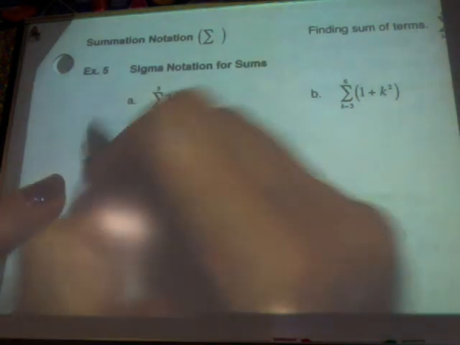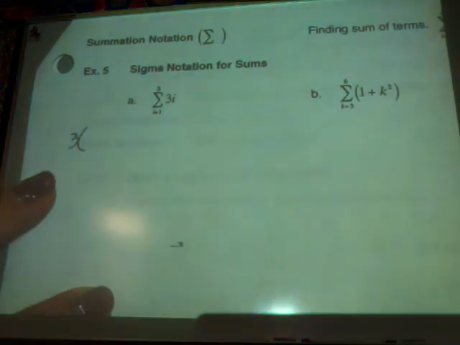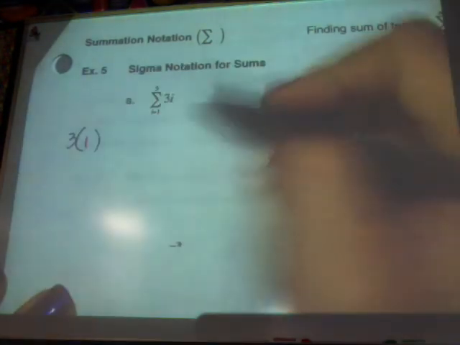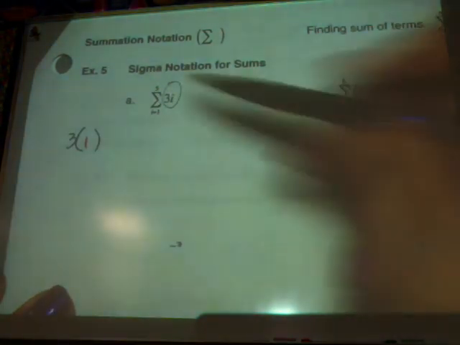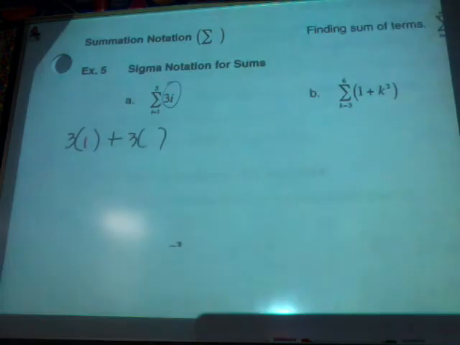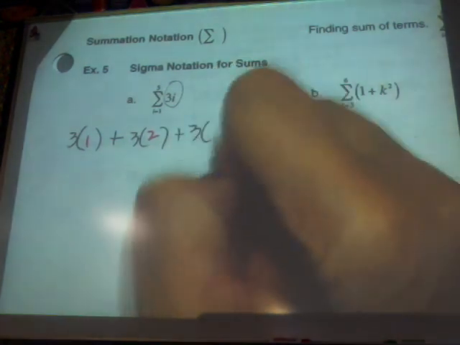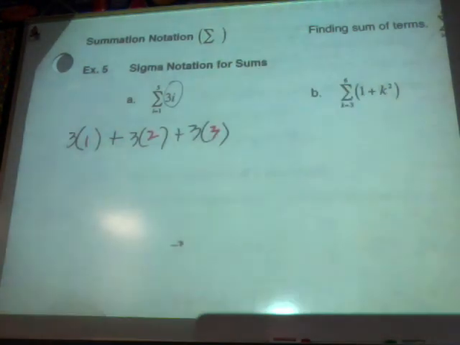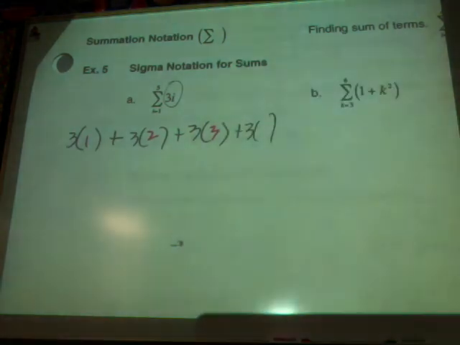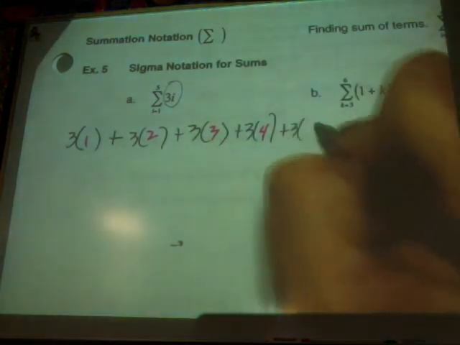So I'm going to take 3 times 1, because that's my first one. Because this is 3i, this is your pattern. All I'm doing is plugging each one into 3i, plus 3 times 2, plus 3 times 3, plus 3 times 4, and you might want to write it vertically because you can see I'm going to run out of room here shortly, plus 3 times 5, right?